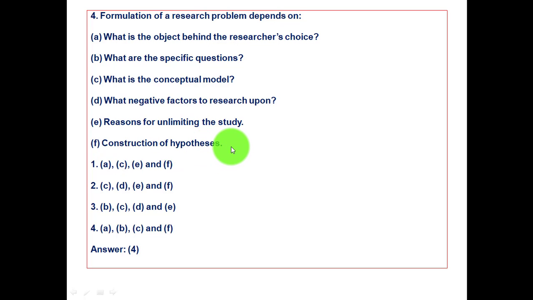Construction of hypothesis, yes, this is also one of the main factors. So A, B, C and F are the factors on which the formulation of a research problem will depend. So option 4 is the correct option. Clear? What is the objective behind the researcher's choice, what are the specific questions, what is the conceptual model, and construction of hypothesis. Next.